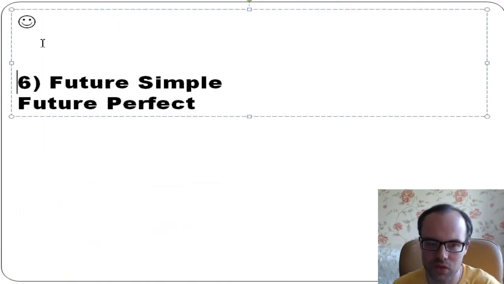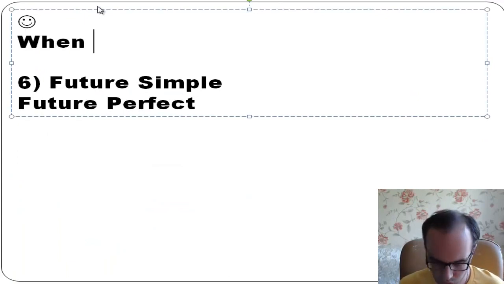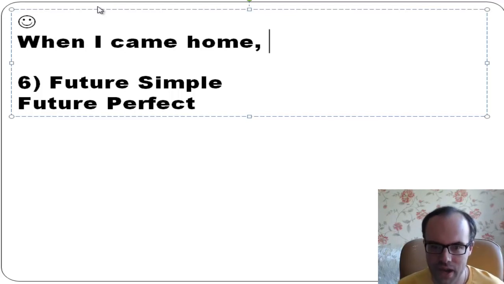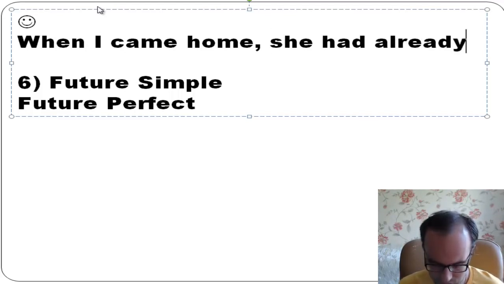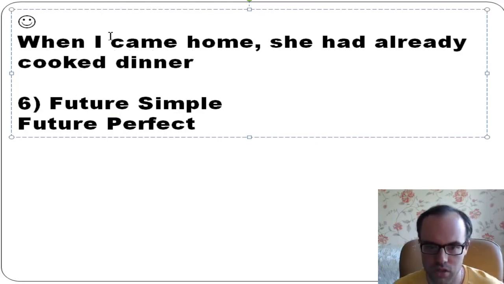Okay? Let me give you one more example. So, when I came home, she had already cooked dinner. So came home, it's one action. The first action, it's about the past. So you see it's past simple.